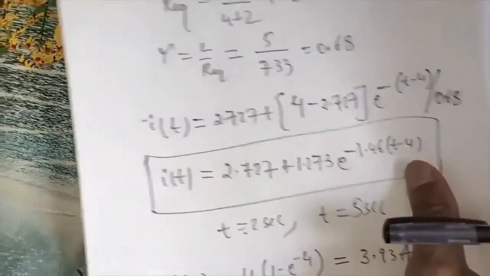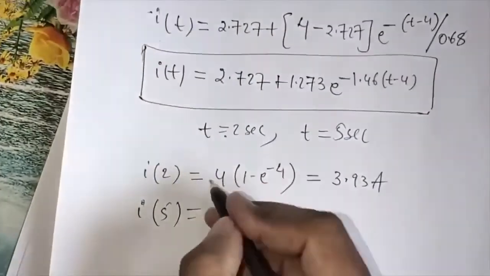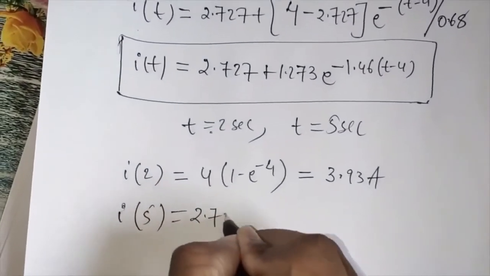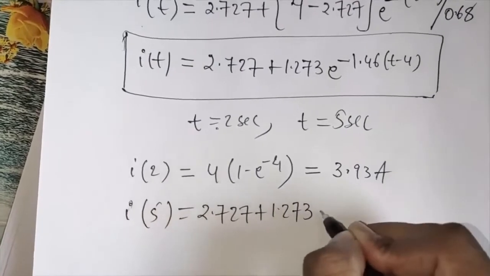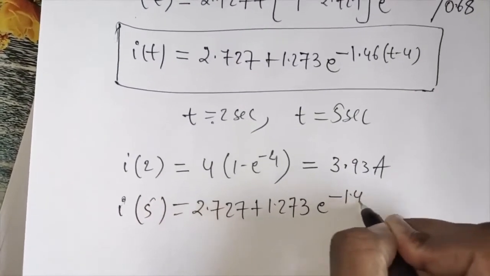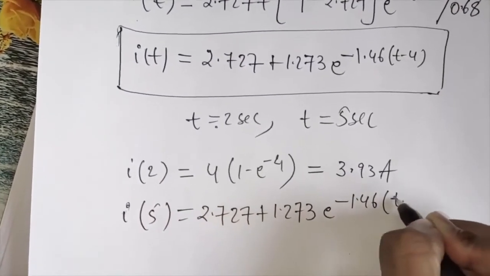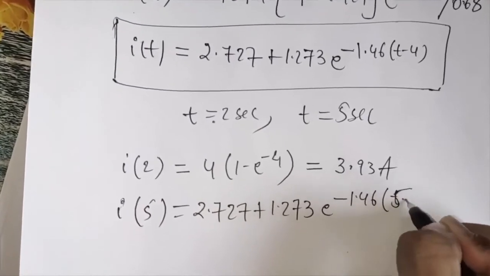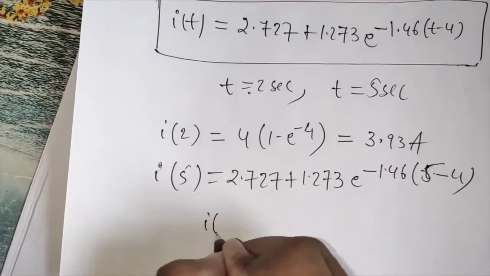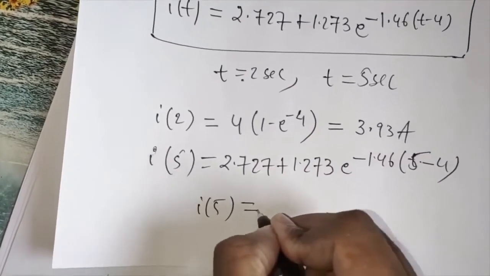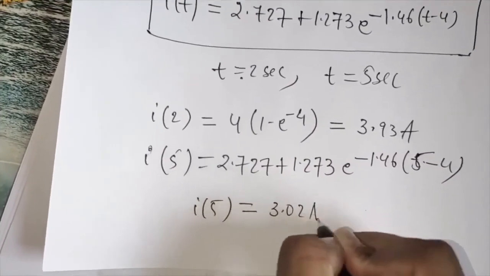So 2.727 plus 1.273 into e power minus 1.46 into 5 minus 4. So on simplification, I'll get I of 5 to be 3.02 amps.